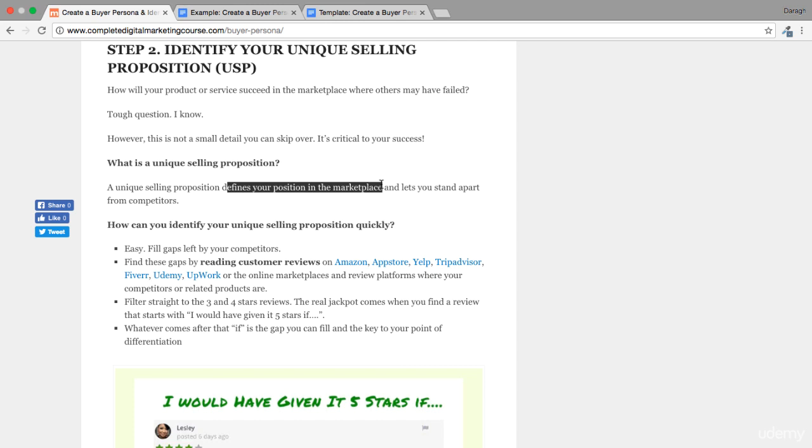Are we talking about commercial real estate? Are we talking about people who want to buy homes? Are we talking about bachelors who want to buy homes? Are we talking about families who want to buy homes? Are we talking about people who have $10 million, $1 million, $100 million to spend? So you can see there's a huge range of categories there. There's a lot of different positions that you could take in the marketplace. So really think about that for yourself.